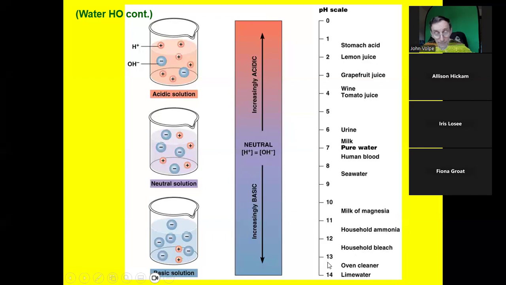Oven cleaner is the strongest thing you've probably ever come across. It has a pH above 13, having even more OH- groups than H+. And then lime water is where we have the highest concentration of OH-, and it's at pH 14. I don't think anyone's ever really come across lime water.